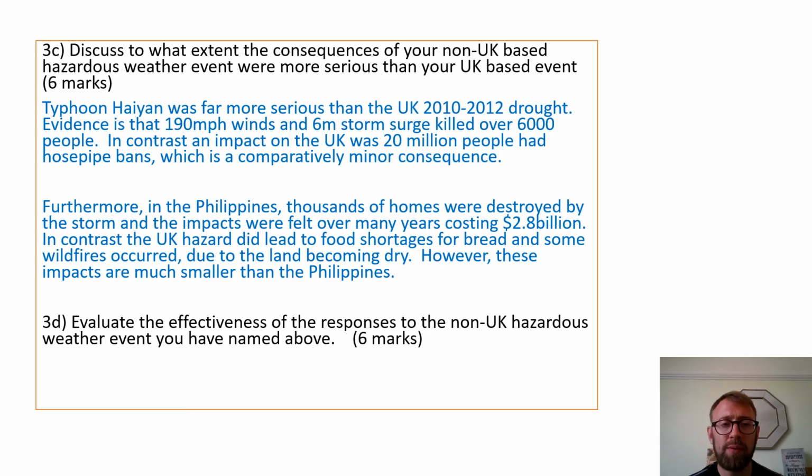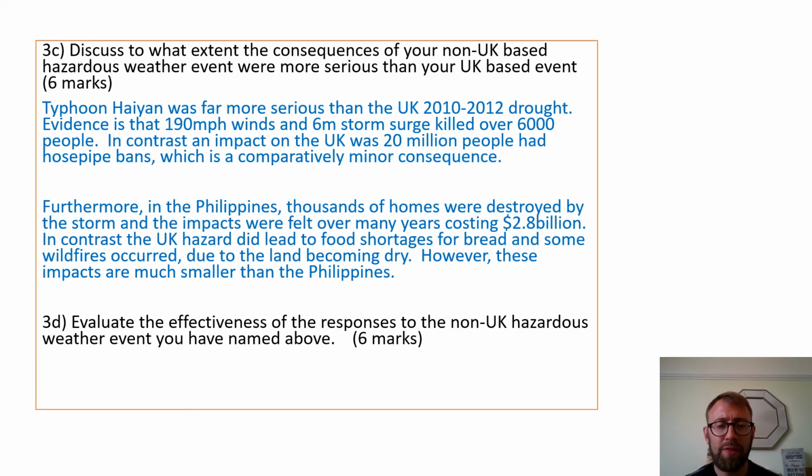In contrast, the impact on the UK was that 20 million people had hosepipe bans, which is a comparatively much more minor consequence. So there I'm showing why the UK is not as serious as Typhoon Haiyan. Well, the hosepipe ban is not a life-threatening thing. 6,000 people lost their lives in Typhoon Haiyan. It shows it's a lot more of a serious event.